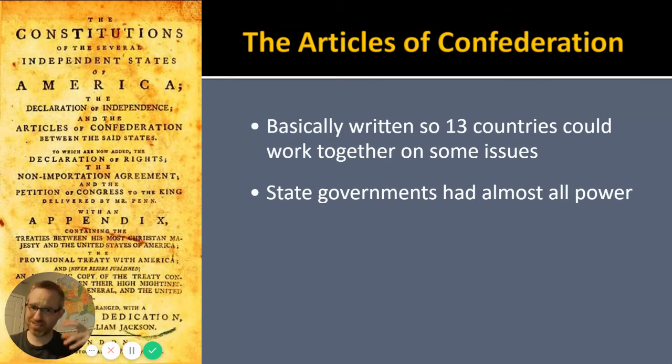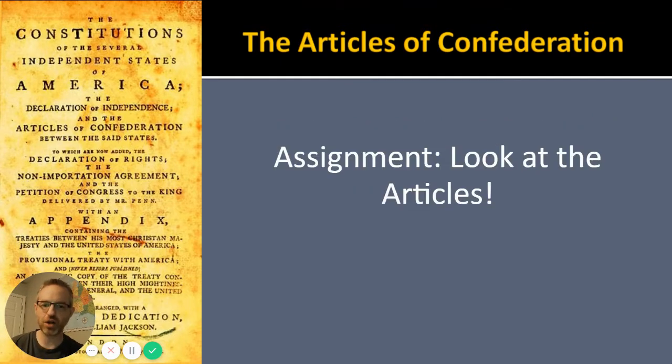The idea is that sometimes we're going to want to work together, but there's a strong sense throughout it that the 13 former colonies are their own countries and nobody can tell them what to do. It's just a thread that loosely connects them. And so the state governments have almost all the power because they see themselves as independent sovereign entities, which you might predict is going to cause some problems.